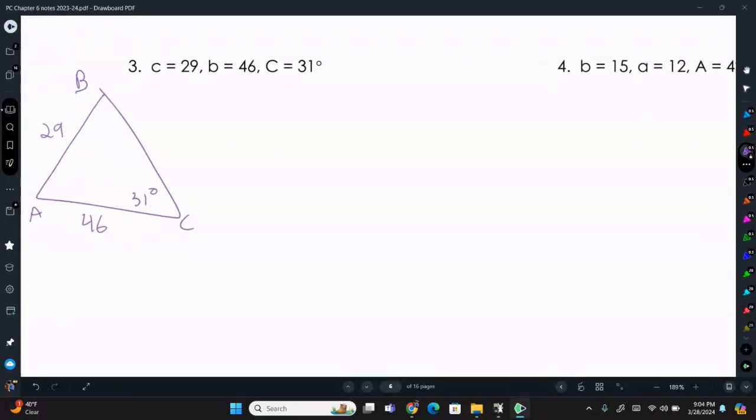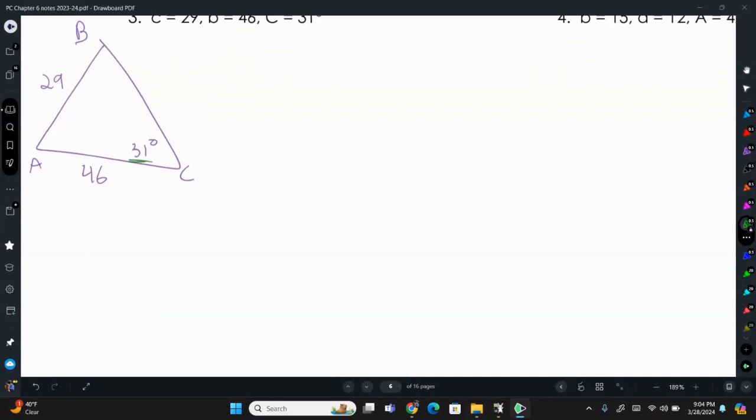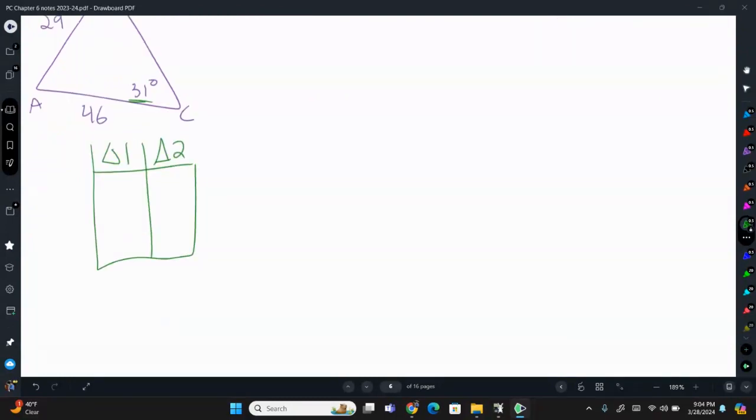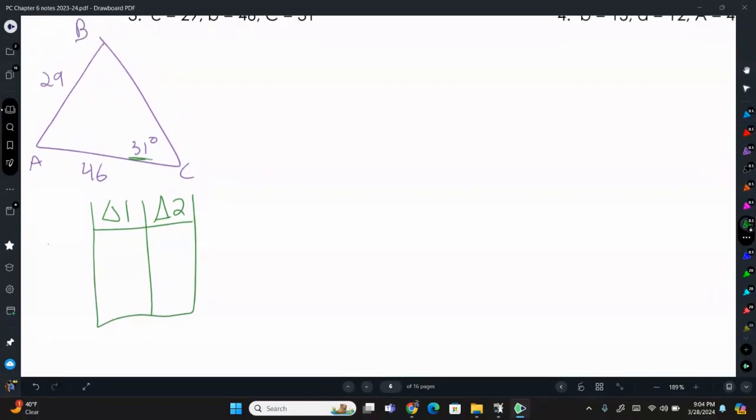So this is SSA because we have two sides and the angle that doesn't touch both sides. It just touches one of them. So we could have two triangles. So triangle 1, triangle 2. We have to figure out angle B, angle A, and side A.